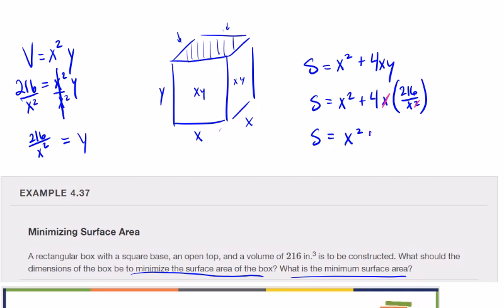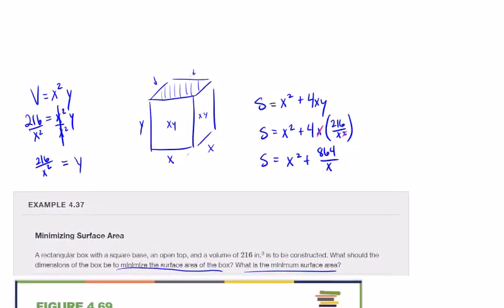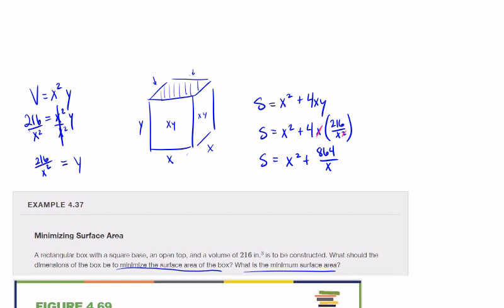So it'll be plus 864 over x. Now we want to minimize that, minimize the surface area. So what we can do is find the derivative of that.